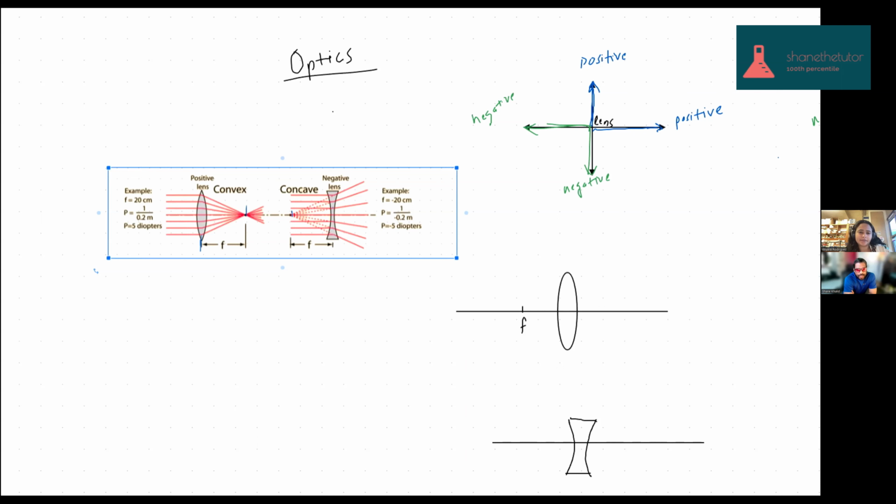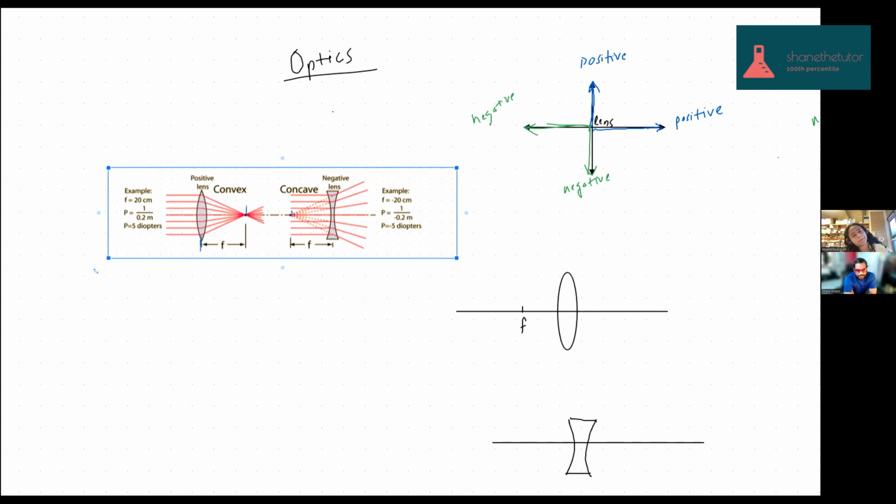For a concave lens, it's similar in that the light hitting it from the left is parallel to the ground. Don't worry about this dotted line stuff yet. It touches the lens, and this is going to cause divergence, so the light rays move away from each other.